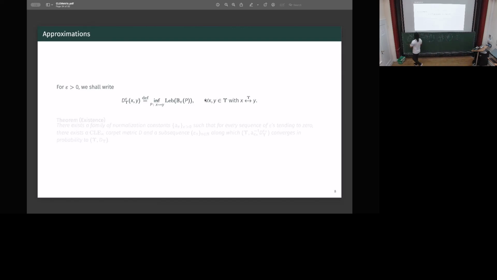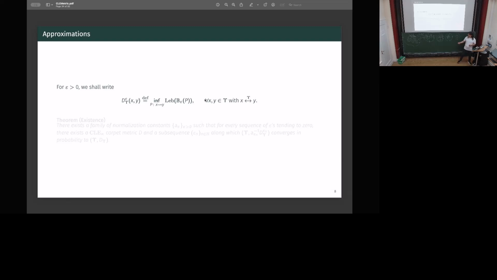So we define approximation for any 2 points x, y that are in the same component. We just consider all paths in this epsilon L connect these 2 points. This is P, for example, and we consider an epsilon neighborhood of these paths, and we consider the weight measure of this epsilon neighborhood, and we choose the infimum. And this is d epsilon xy.